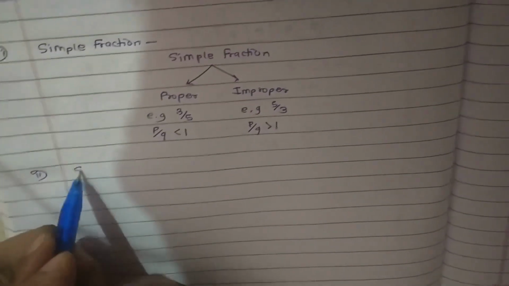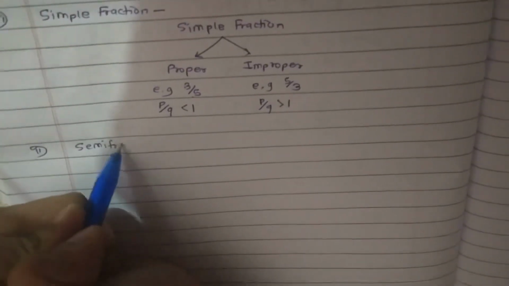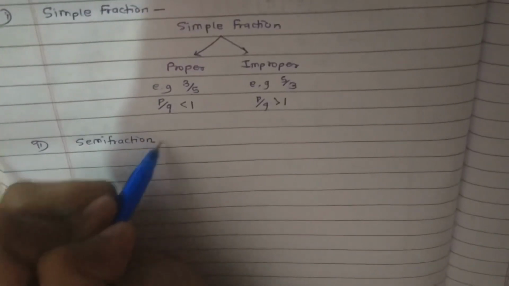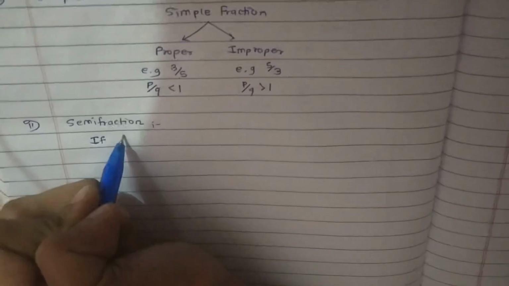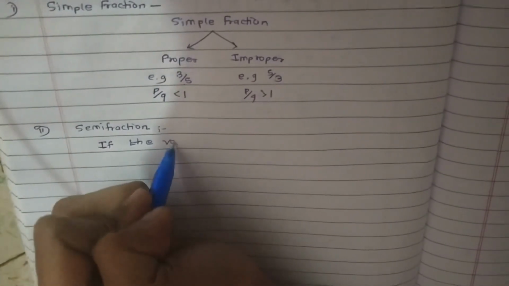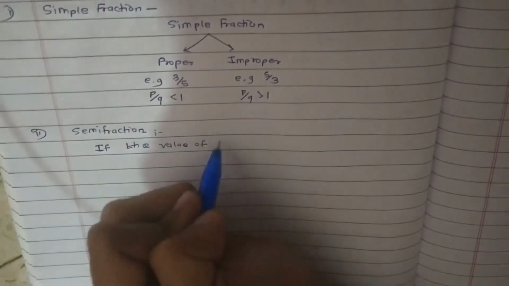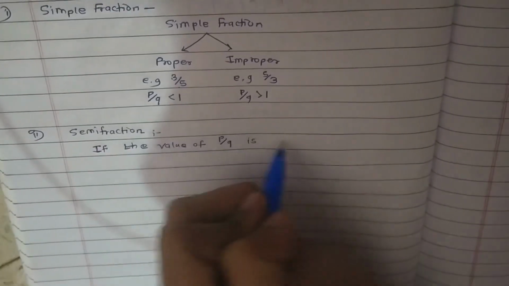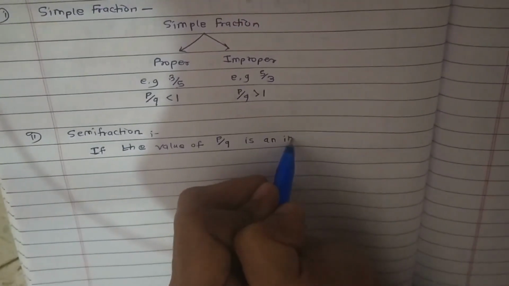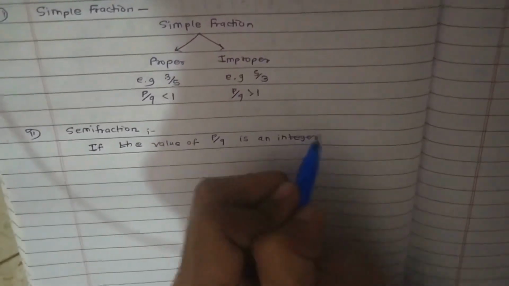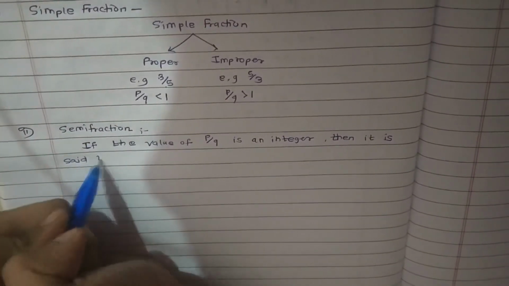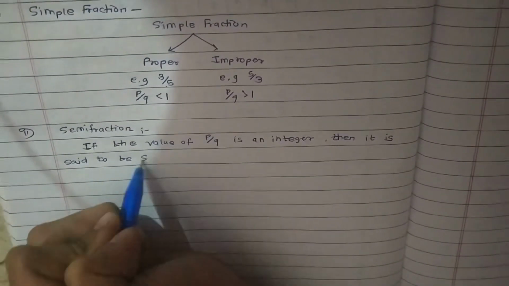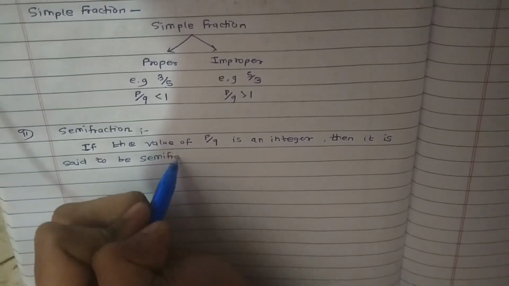Then, what is semi-fraction? If the value of p by q is an integer, then it is said to be semi-fraction.